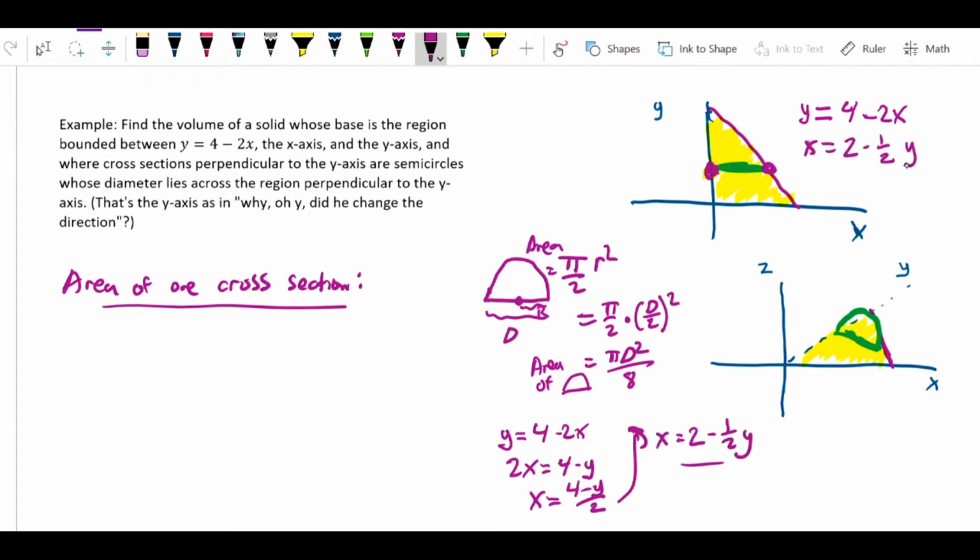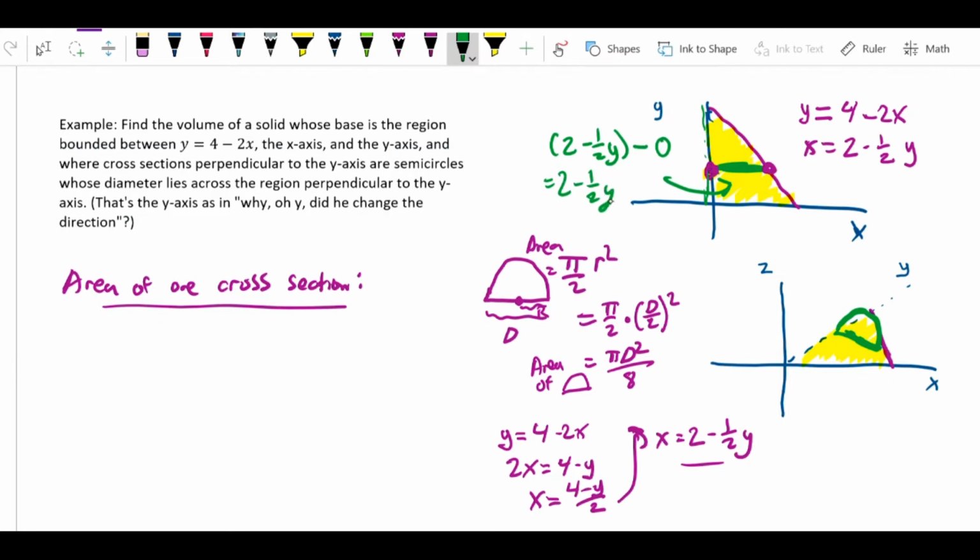Okay, so now I've written the same line, the same diagonal line, as x as a function of y instead of y as a function of x. So you can see that the distance between these 2 points is simply going to be right minus left, which is 2 minus 1/2 y on the right, minus the y-axis, which is just x equals 0, so that gives us 2 minus 1/2 y.